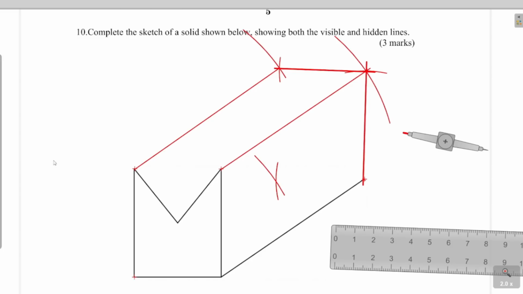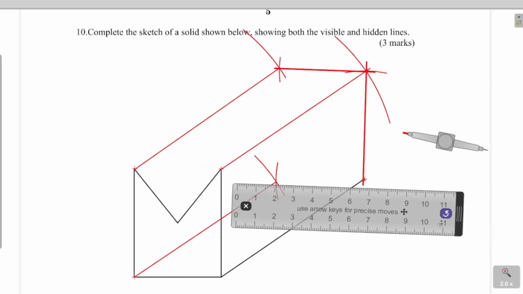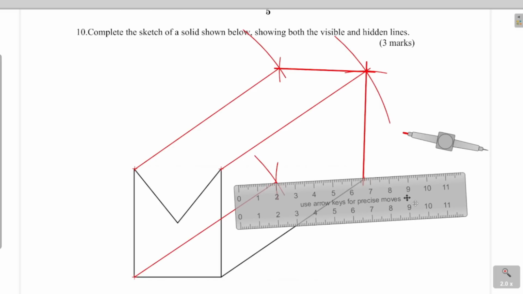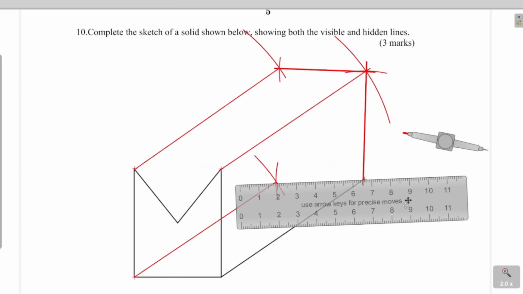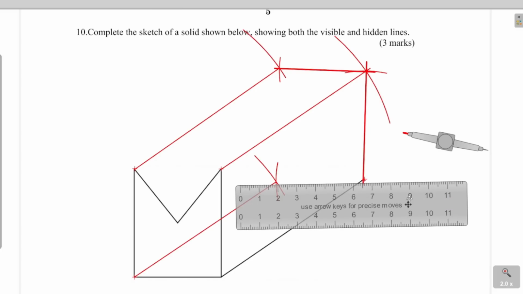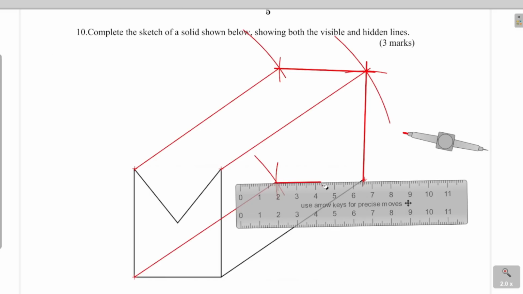Then from there we can join a straight line here from this point up to that point, then from this point use a ruler for this one. So like that.